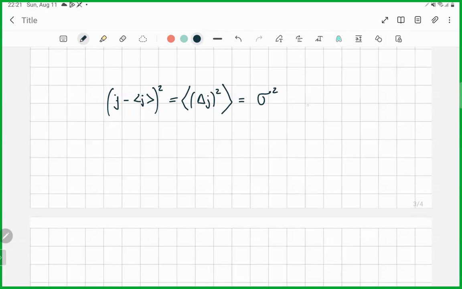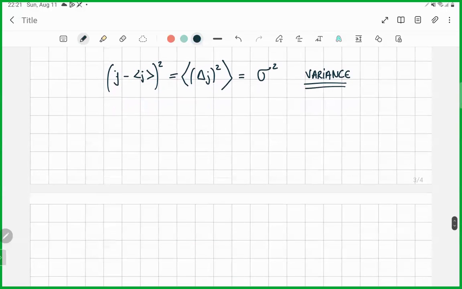And this is what is known as variance, which I'm sure you've already heard in a course on statistics. So the variance is what we compute, which is the square of this difference.